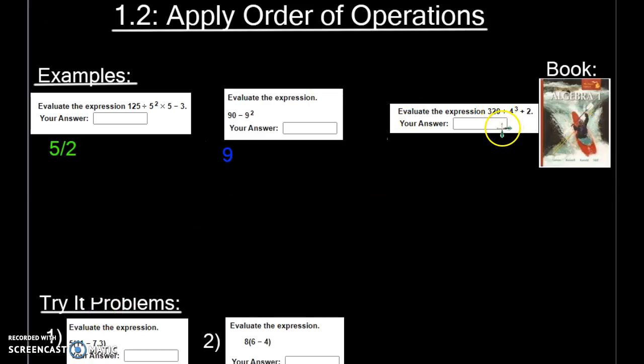Evaluate the expression 320 divided by 4 cubed plus 2. So this would be 320.